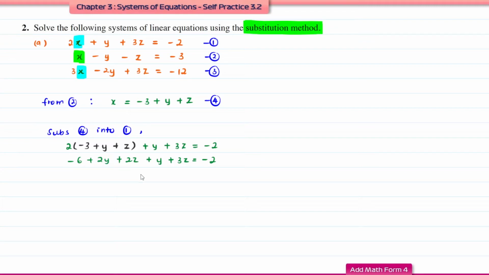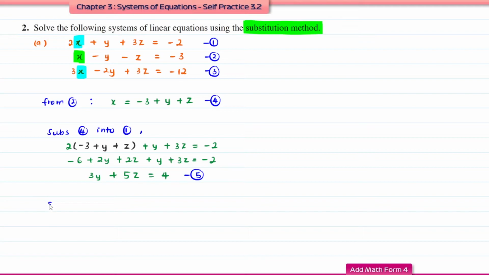So next, we're going to solve for the like terms. 2y plus y is equal to 3y, and 2z plus 3z is 5z, equal to, then we're going to move this negative 6 to the other side. Then it will be negative 2 plus 6, which is equal to positive 4.